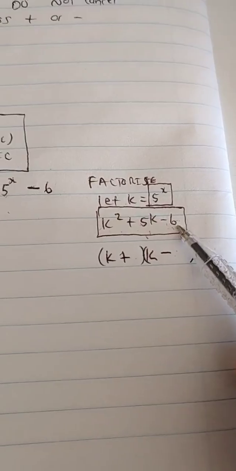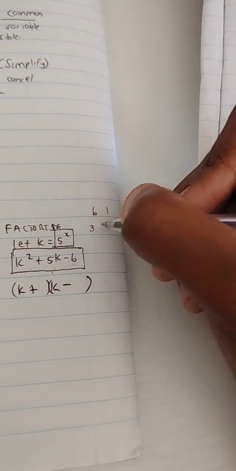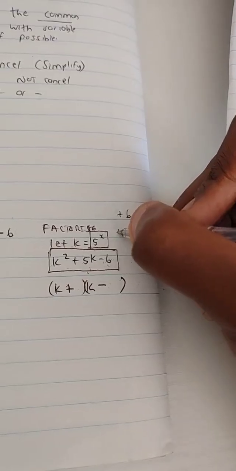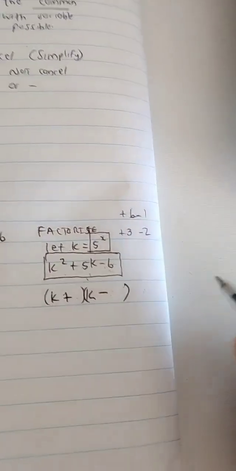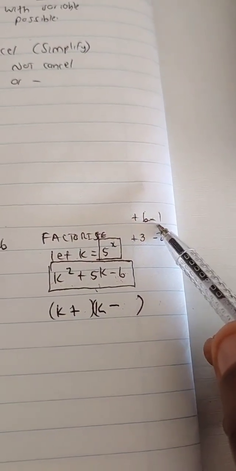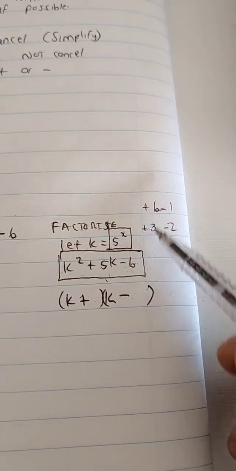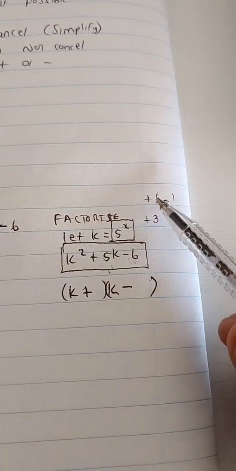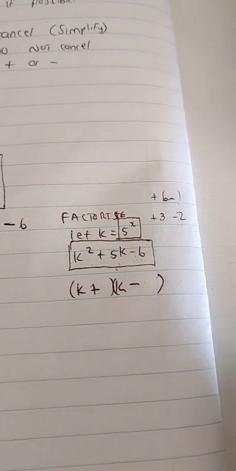So if you think about the factors of 6, you have 6 and 1, you have 3 and 2. The highest factor we've already established will be positive, whereas the other one will be negative. So which one works? Is it 6 and -1, or is it 3 and -2? When we multiply this, we get -6, both of them. But when we add them, which one do we get +5? Is it 6 minus 1 that gives us 5, or is it 3 minus 2 that gives us 5?